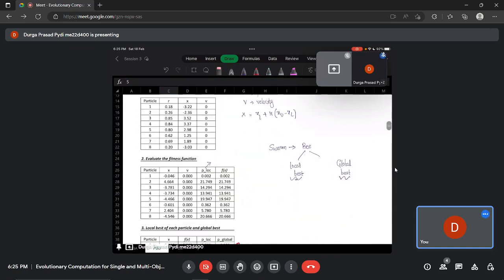Then we repeat it again, in the sense that we initialize the population again and see what happens if we increase the value of C2. So these are my local best.